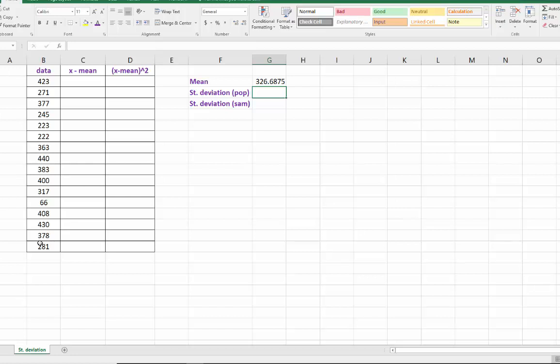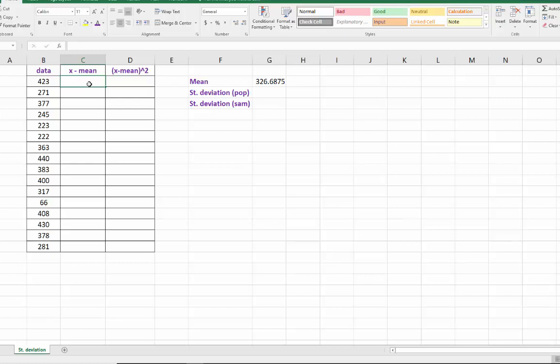Now what if I would like to see how this data set is spread out, meaning, on average, how do my values in this column differ from the mean? So let's take a look at the first student. This student sent 423 messages.